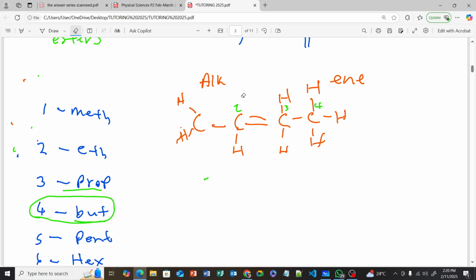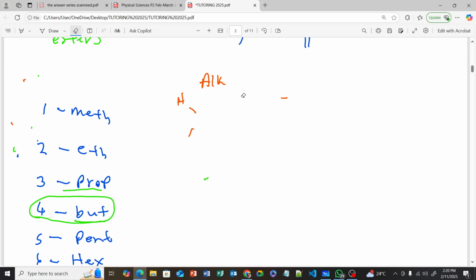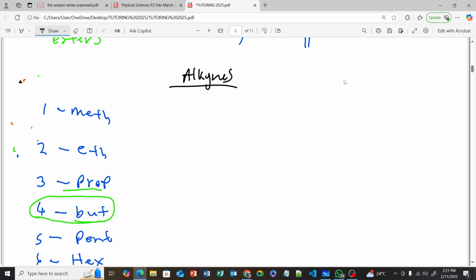Alright, so now we are dealing with the alkynes. So alkynes have a suffix of yne, and it's a triple bond.